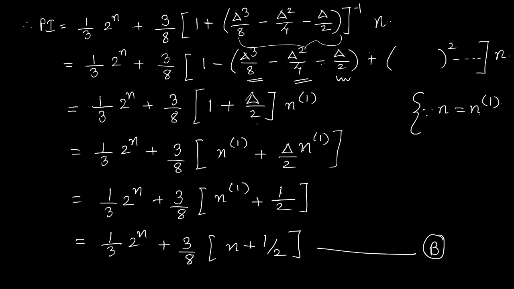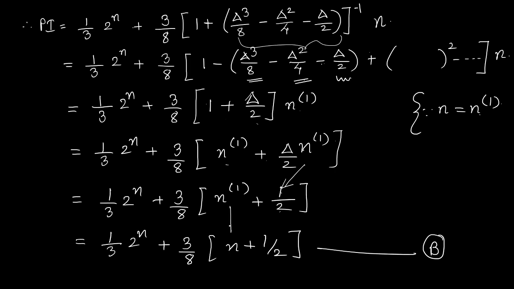Now separate the terms, here 1 into this value, then delta by 2 into n to the power 1 factorial. Delta is equivalent to the differential operator when we write in factorial notation. Therefore the derivative of n to the power 1 factorial is 1 and this 1 by 2 is constant.